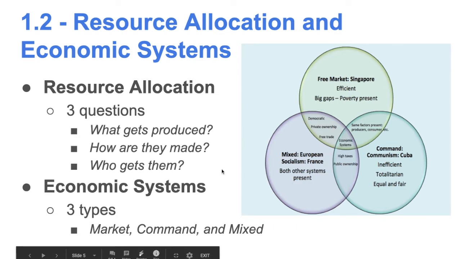Whereas in a command economic system, the government is really answering all of these questions for the entire population. In the free market, private individuals and private companies, or what we call firms, determine what gets made, how much those things cost, and all those other answers to the questions that we posed over the last couple slides.